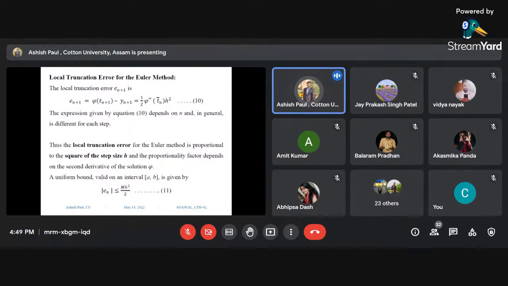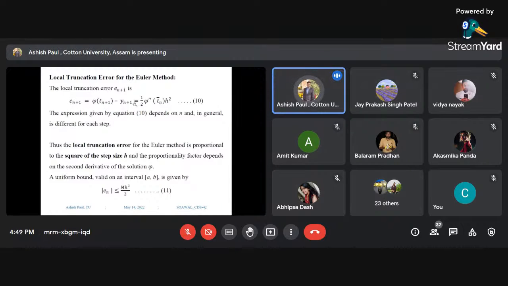Now local truncation error for Euler's method. In Euler's method, this is the exact value and this is the expected computed value, and the difference we denote by small en.